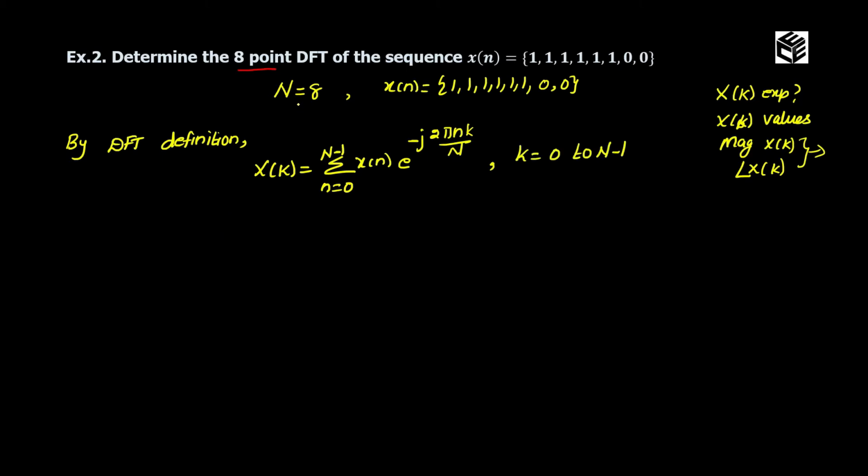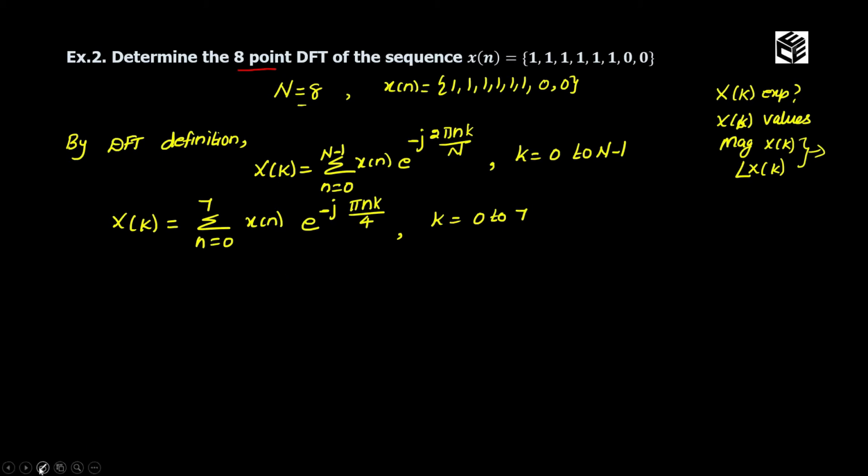Here the value of N is given as 8, so we can rewrite the formula as x of k is equal to summation n equal to 0 to 7 x of n e power minus j pi nk divided by 4, and the value of k ranges from 0 to 7.